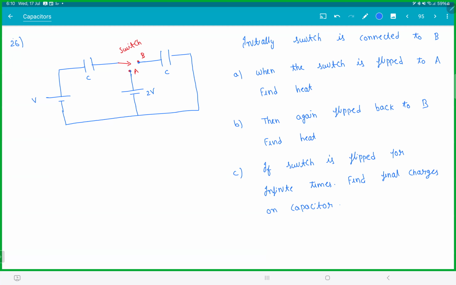Yeah, initially the charge will be the same. Initially you can take series because both are empty. Let me show the first part.